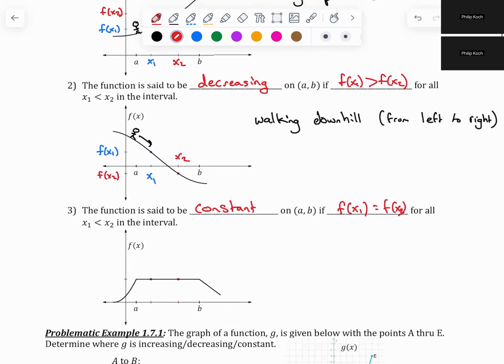And so here's x sub 1, here's x sub 2, and then this point is f of x sub 1, which equals f of x sub 2. They're the same point, the same y value. And so looking at it from the perspective of a little ant guy or girl, they're walking on flat land.